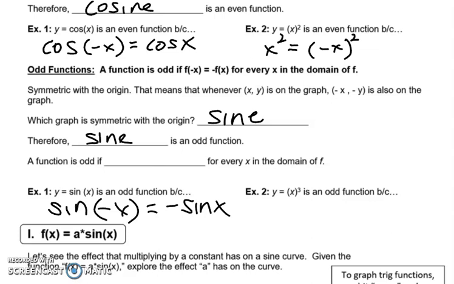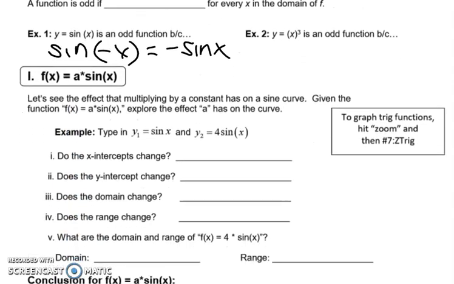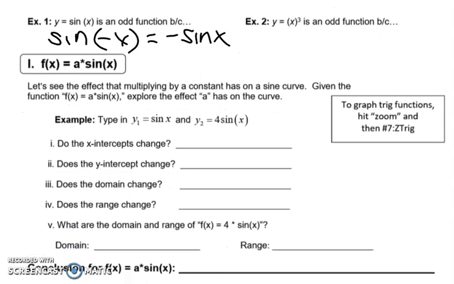Okay? So now, let's go back to our calculators. Let's look at f of x equals a times the sine of x. And we know from a previous unit that a was letting us know whether there was a stretch or compression. Right? You know that from our quadratics most recently.